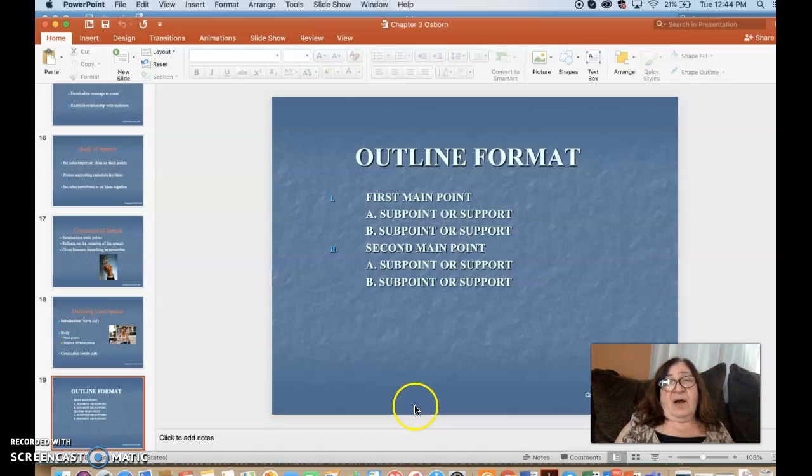The format of your outline is suggested in your textbook like this: main point, support, or subpoint. Another point, the support for that. Another subpoint, support for that.